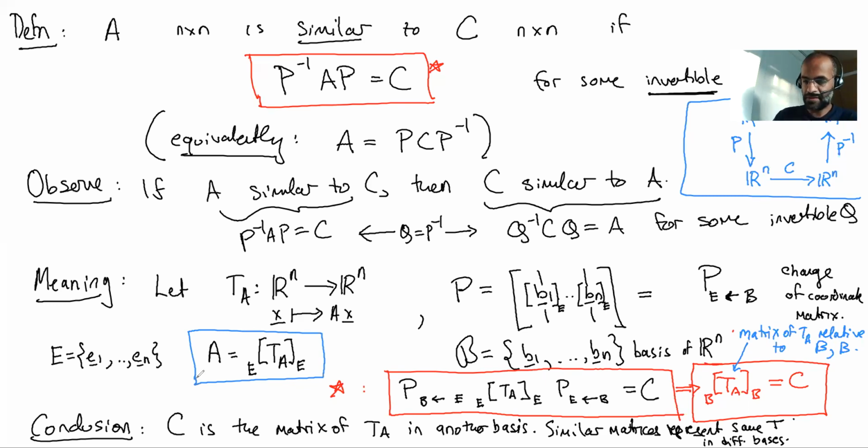Okay, so that's similarity. Now, what's good about similarity in our present context? Well, it preserves eigenvalues and eigenvectors. It preserves eigenvalues and does something very predictable to eigenvectors. So let me write that now. So here's a theorem.